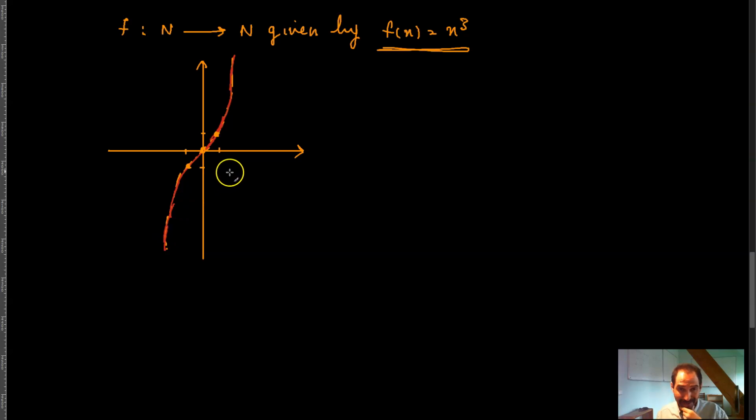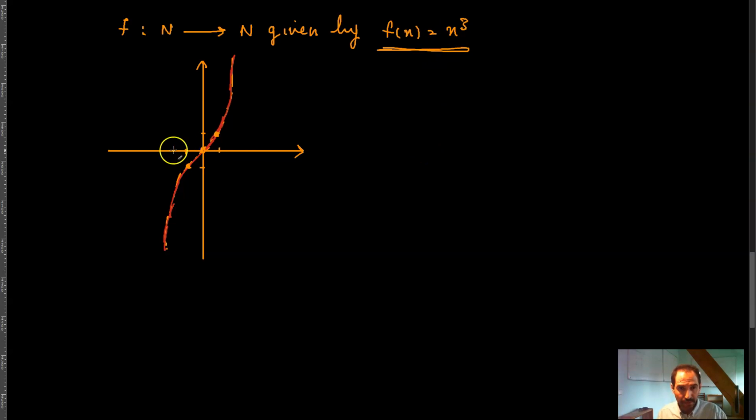Now, in order to decide whether this function is injective, of course you know that, for example, 1 maps to 1, then 2 maps to 8, 3 maps to 27, and so on and so forth.